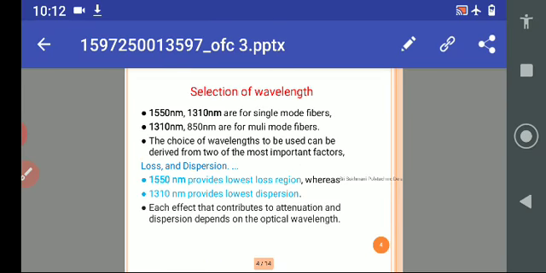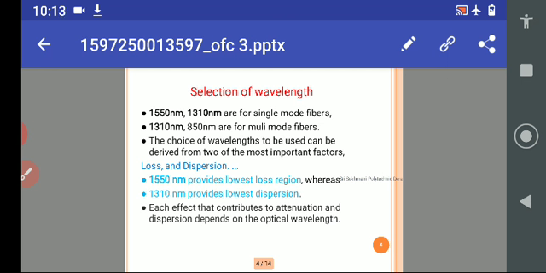Now, selection of wavelength. There are n number of wavelengths. Among them, we have to select certain wavelengths which will give the optimum result for a particular fiber with particular factors.